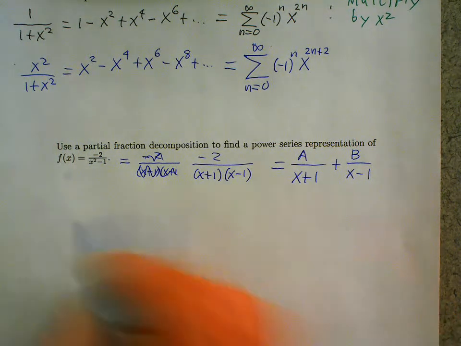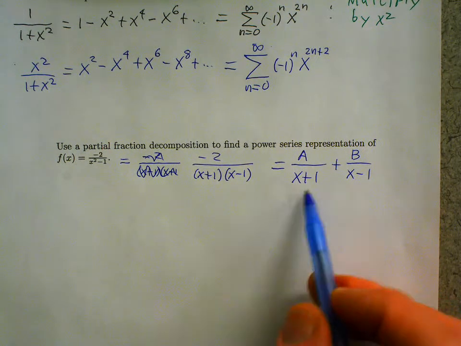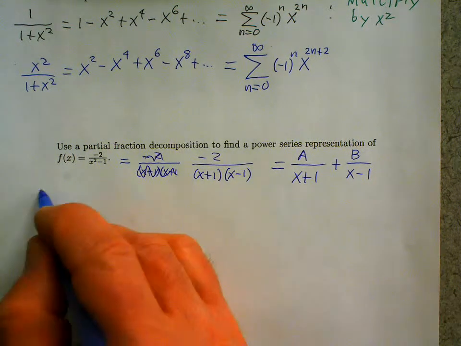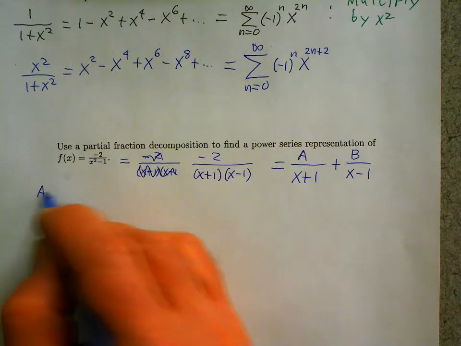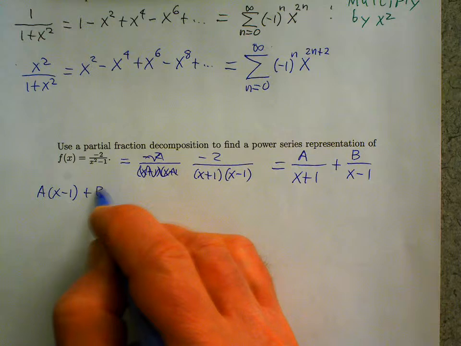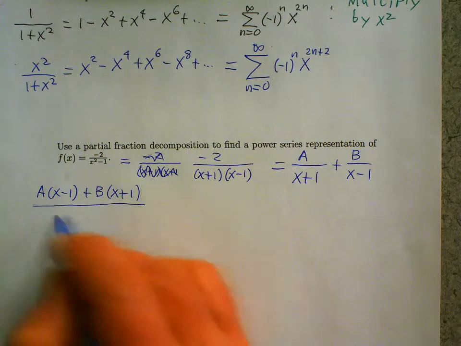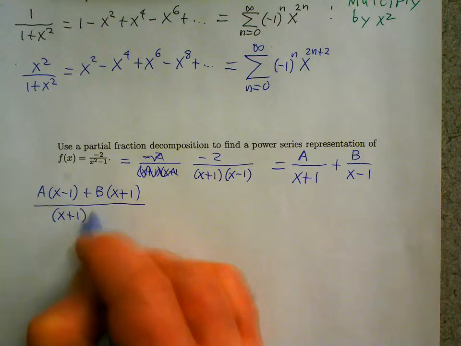So when we write it as a single rational expression with the common denominator, we have a times x minus 1 plus b times x plus 1 over x plus 1 times x minus 1.